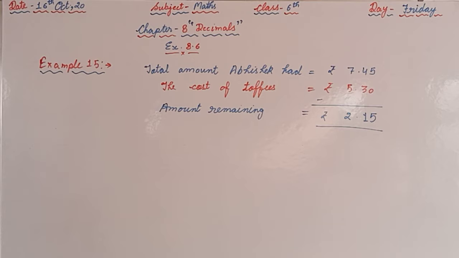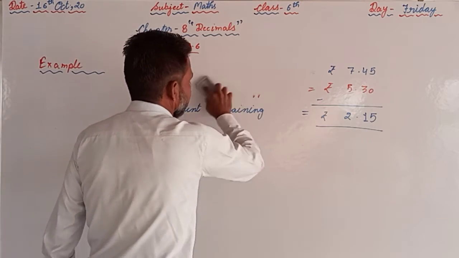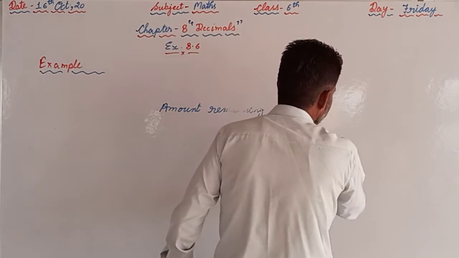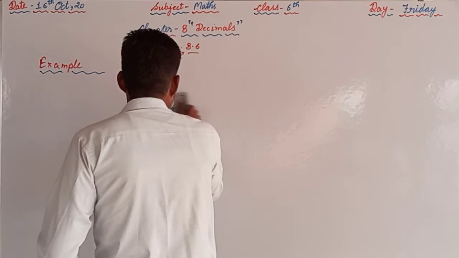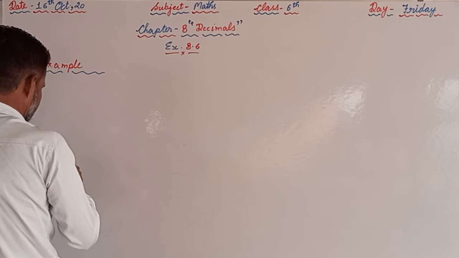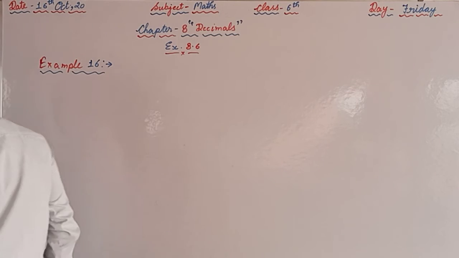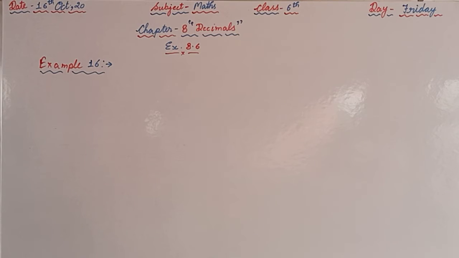Now at the same time we can discuss the next example, that is example number 16. Urmila's school is at a distance of 5 kilometers and 350 meters from her house.